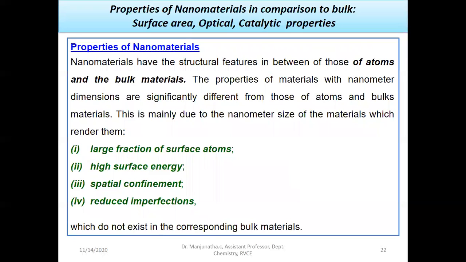Let us look at why the electronic, magnetic, mechanical, physical or chemical properties of a material change when its size is reduced to the nano level. In bulk, it will show different properties. If you go to nano size, it will show different properties. So what is the reason behind that? Let us understand that first.